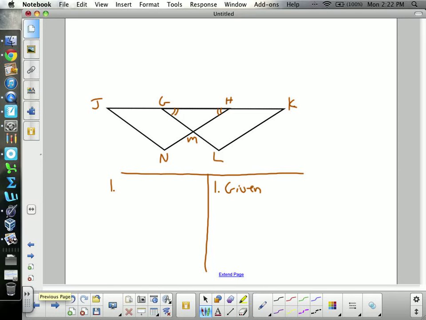Sorry, that's my bad. Angle LGK congruent to angle NHJ. Angle N congruent to angle L. So that was given. We were also given NJ is congruent to LK.